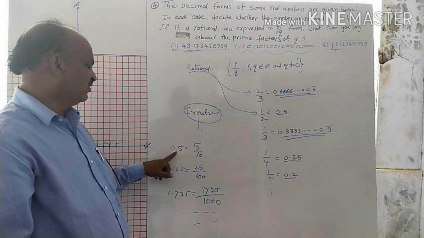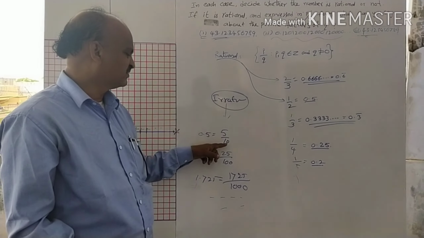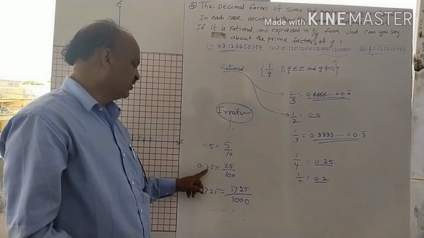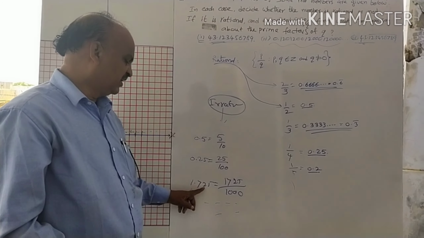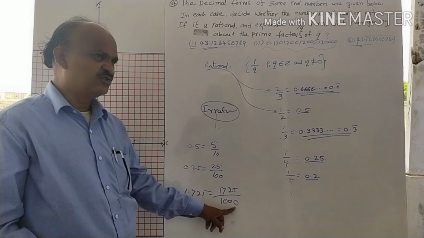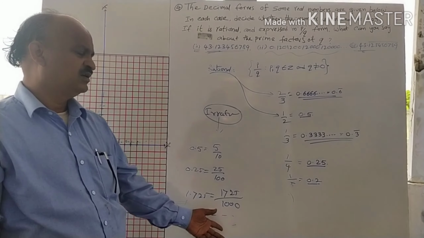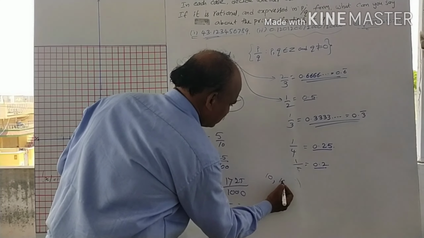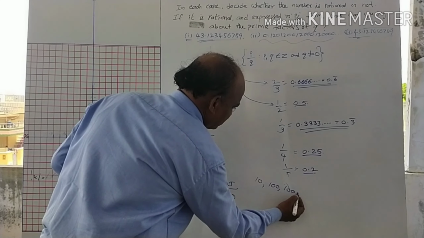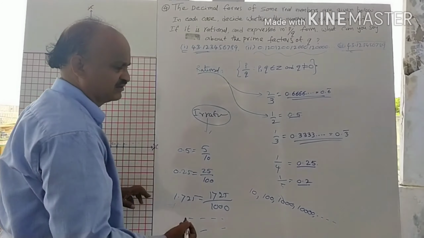In the first example, there is one digit after the decimal point, so it is by 10. If two digits are there, the denominator is 100. Three digits, the denominator is 1000. Four digits, the denominator is 10,000. So denominators are 10, 100, 1000, 10,000, like this.